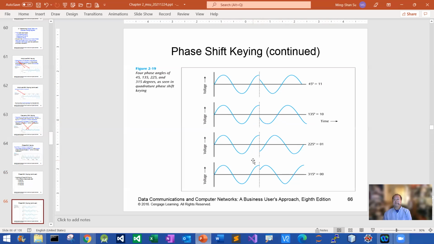And this one again has a phase shift angle of 225, so we use this situation to represent the binary value of 0, 1. And this one has the phase shift angle of 315, so we can use this situation to represent the binary value of 0, 0.